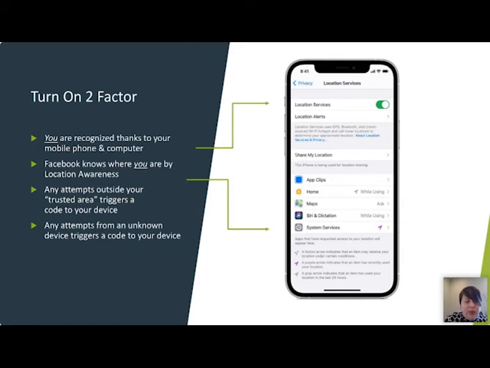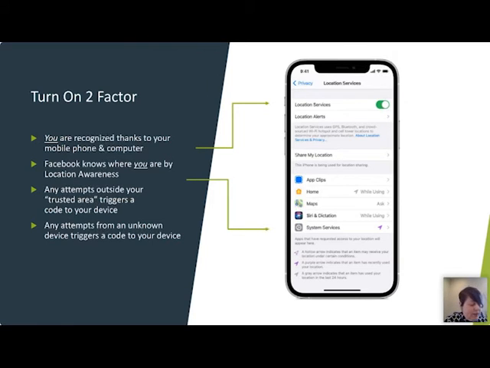So it uses the device technology to recognize who you are, and then where you are. Where you are is based on your location services. If you allow Facebook to know your location, it is using your movements to detect that you are in St. Louis Park, Minnesota, which is one place I physically am located.